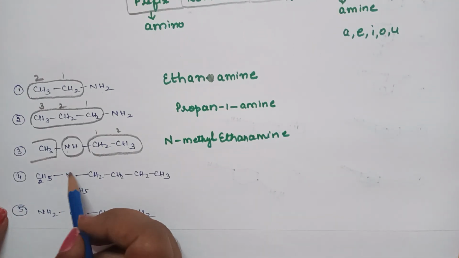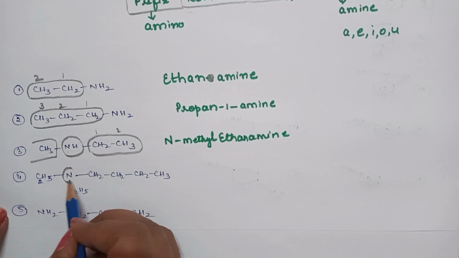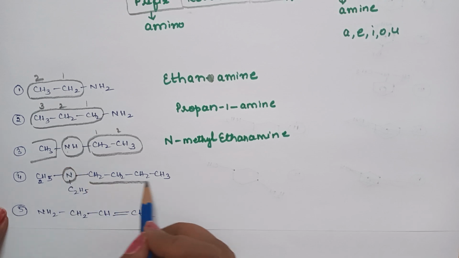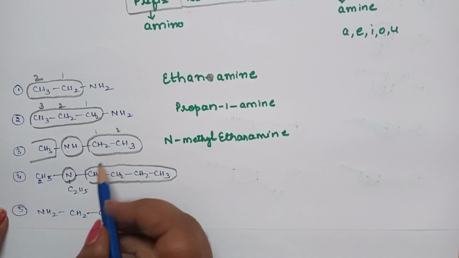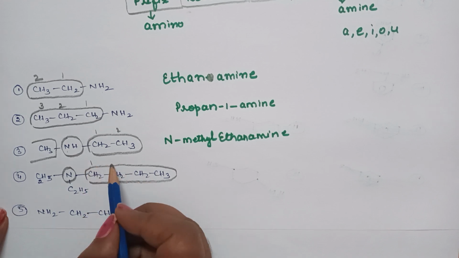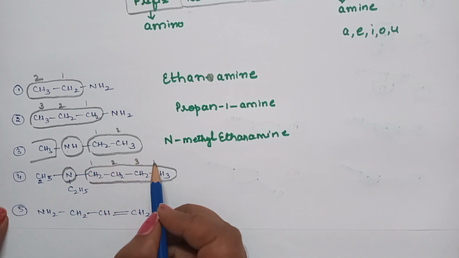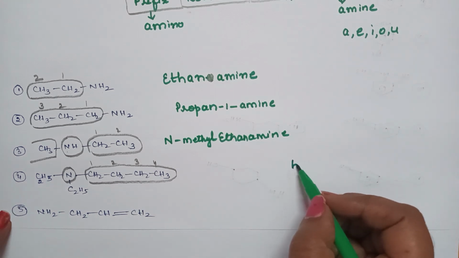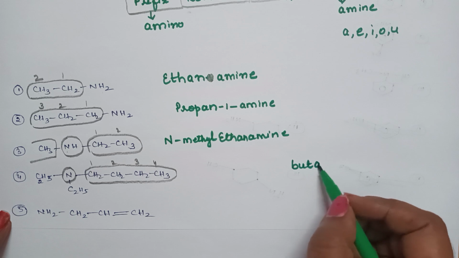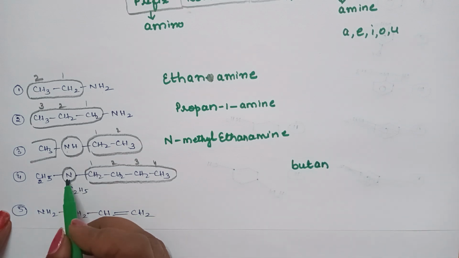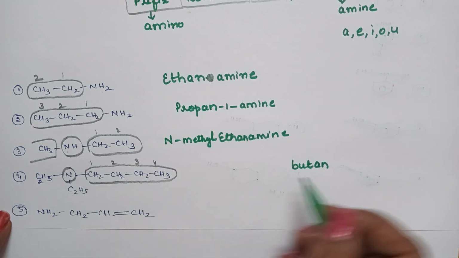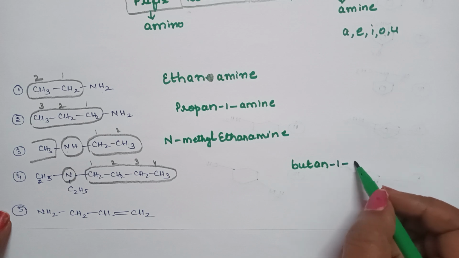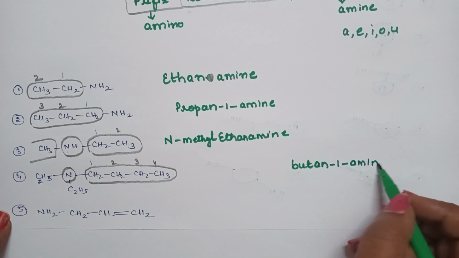Next example, this is the amine group and this is the longest chain. How many carbon atoms are there? 1, 2, 3, 4. So it will be butane and then the amine group is attached to the first carbon. So it is butane 1 amine.